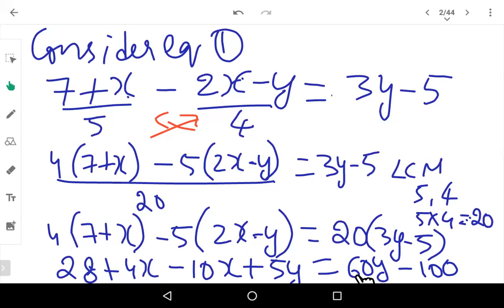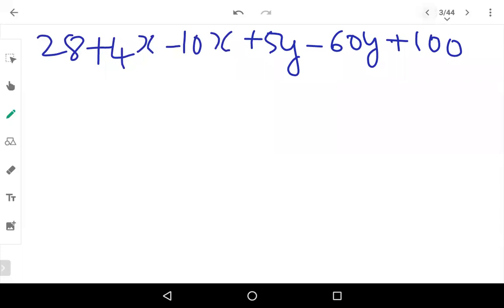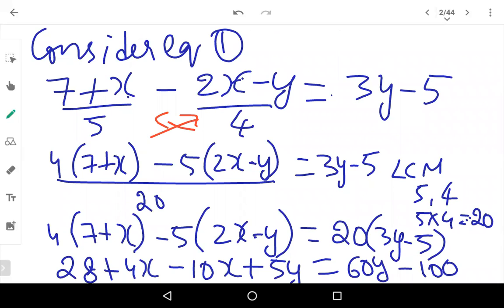We will move 60y minus 100 to the left. So the expression you will have is 28 + 4x − 10x + 5y − 60y + 100.